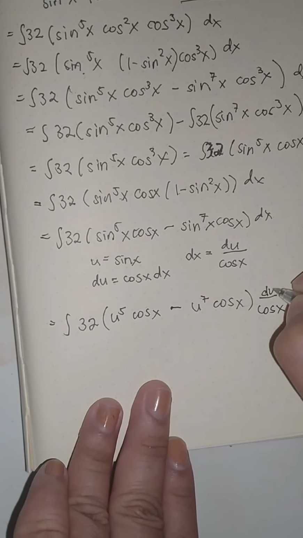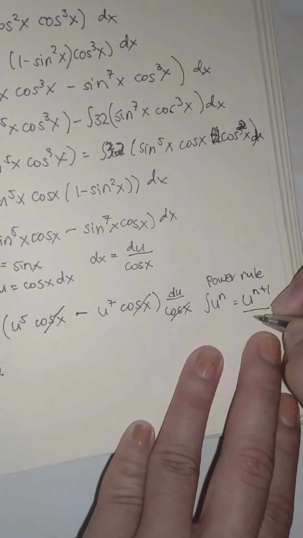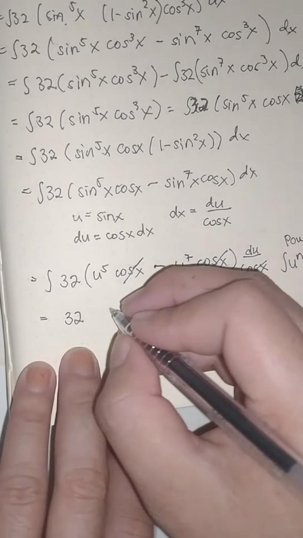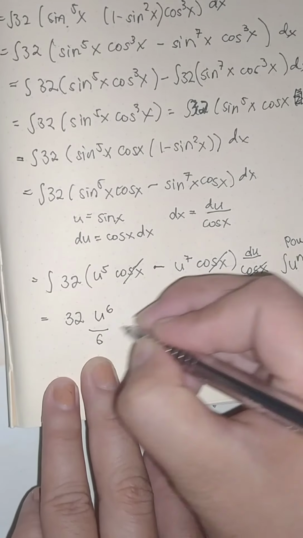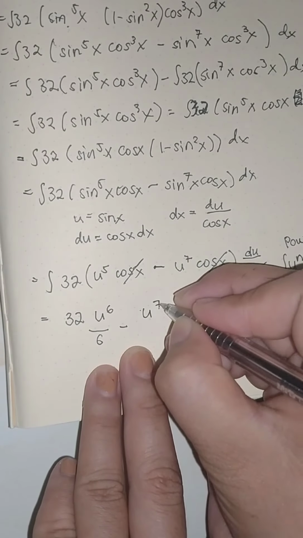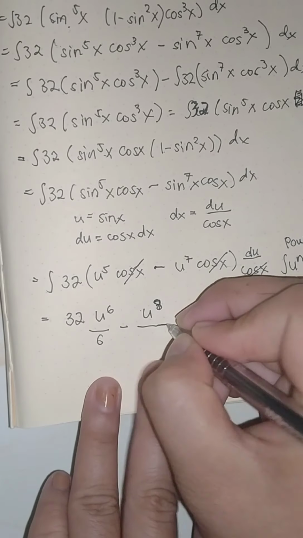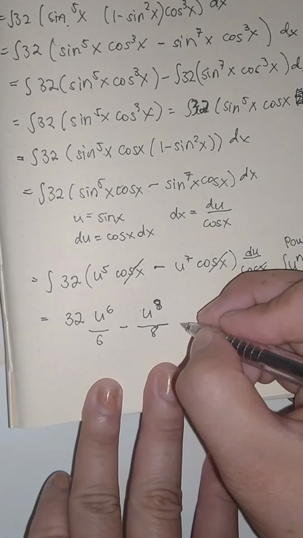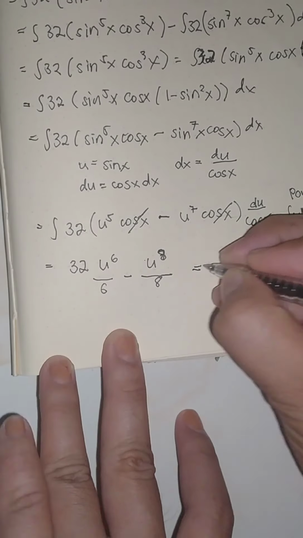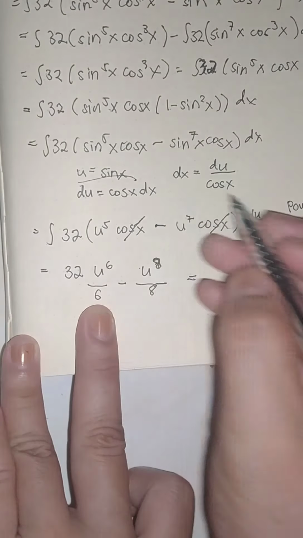So we are left with 32. Use the power rule: the integral of u raised to n is equal to u raised to n plus 1 over n plus 1. So we have here u raised to 6 over 6 minus u raised to 8 all over 8. And then substitute the value of u. We said the value of u is sine x.